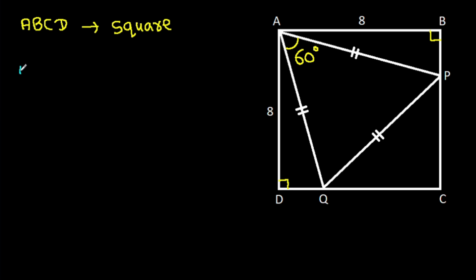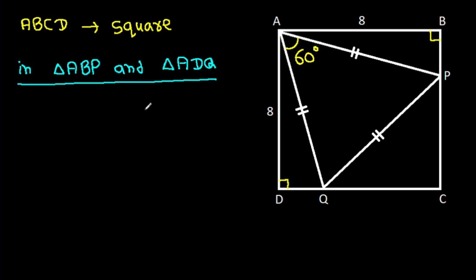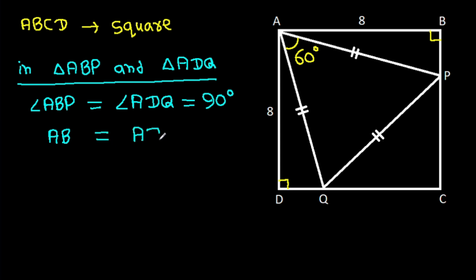And now in triangle ABP and triangle ADQ, we have angle ABP is equal to angle ADQ, that is 90 degrees, and AB is equal to AD, and AP is equal to AQ.